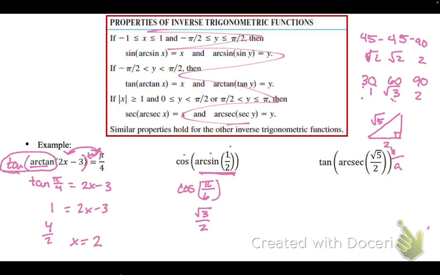So how do I find the other side of the triangle? Pythagorean theorem. It never goes away. Okay, so square root of 5 squared, 5, minus 4 is 1, square root of 1 is 1.